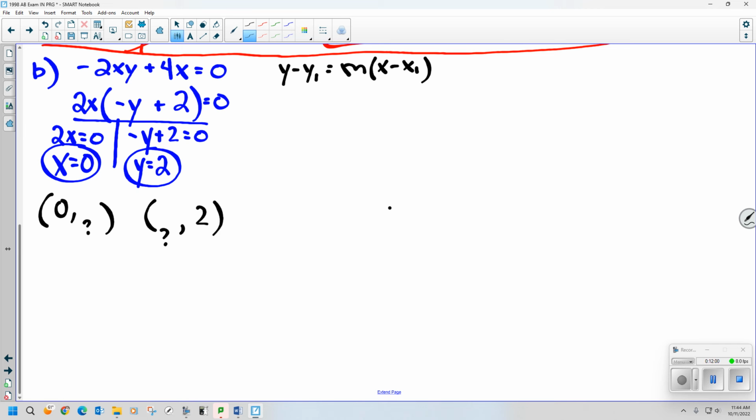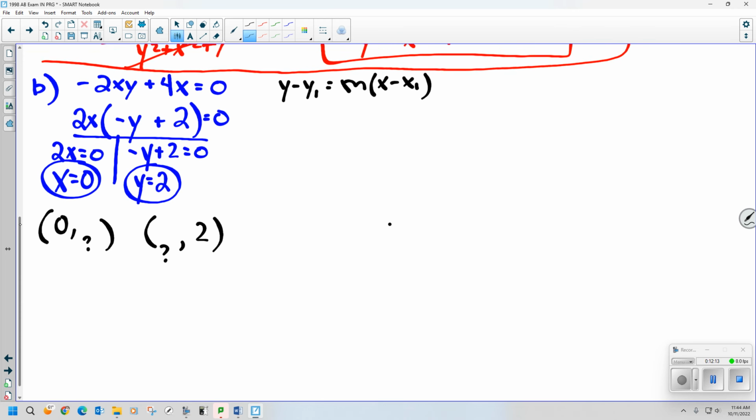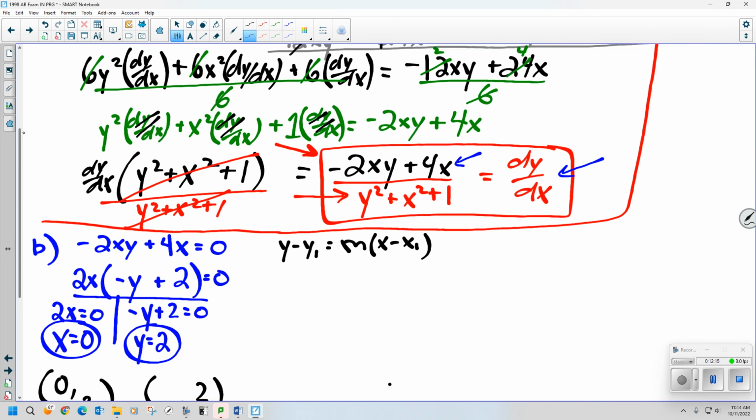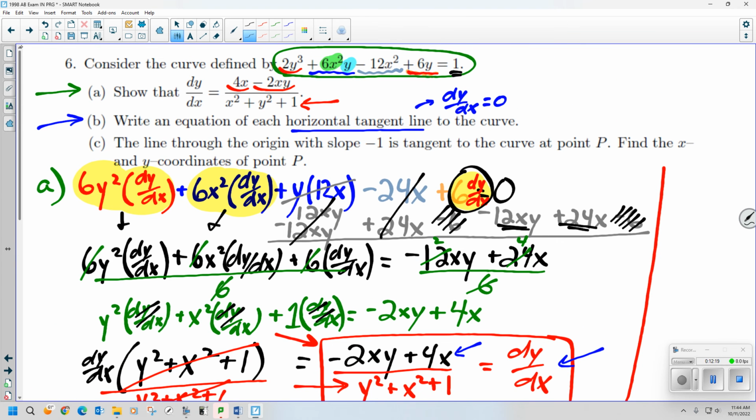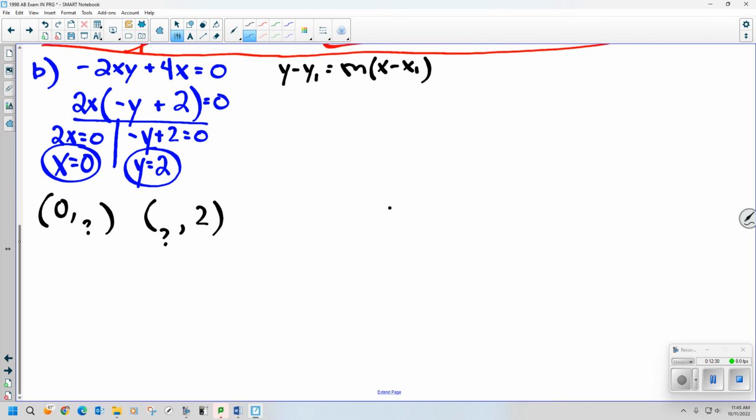So the million-dollar question is, how do we get the original coordinate if we have one of the 2 values, x and y? We always go back to the original equation. That means I got to use, keep on scrolling up, this bad boy here: 2y cubed plus 6x squared y minus 12x squared plus 6y is 1.